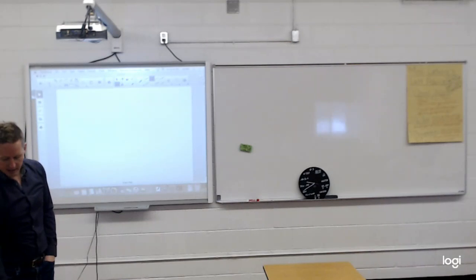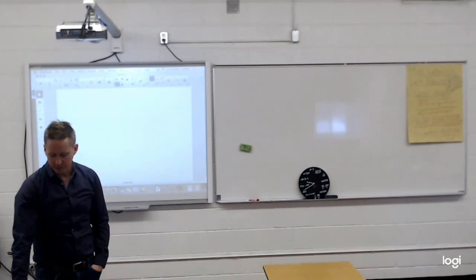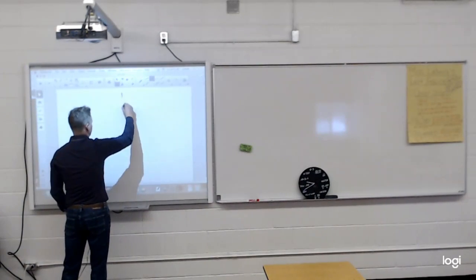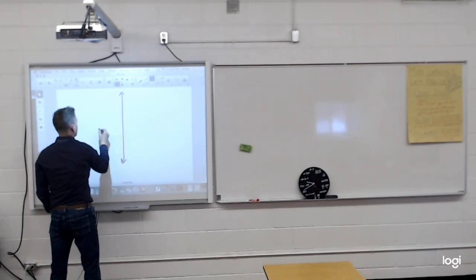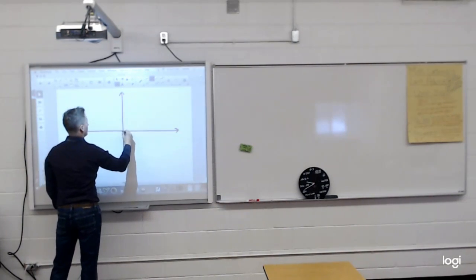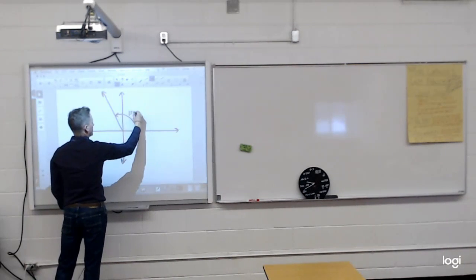Let's look at this next one. Determine the exact values of the sine, cos, and tangent ratios for theta equaling 120 degrees. So I just talked about this. 120 degrees.